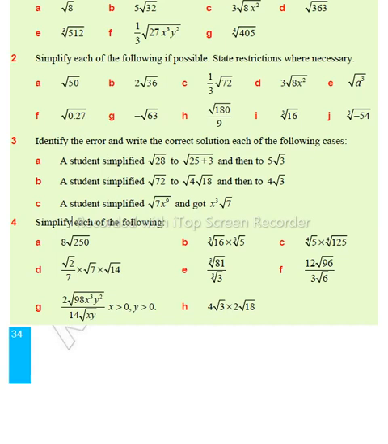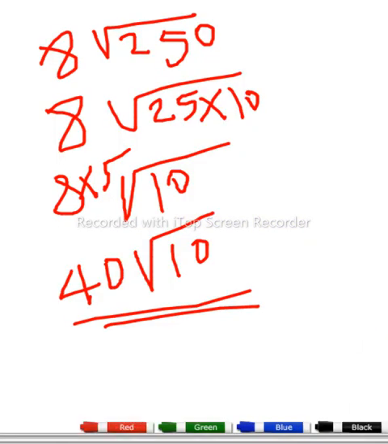Fourth root of 5 times fourth root of 125. Let us do this question.